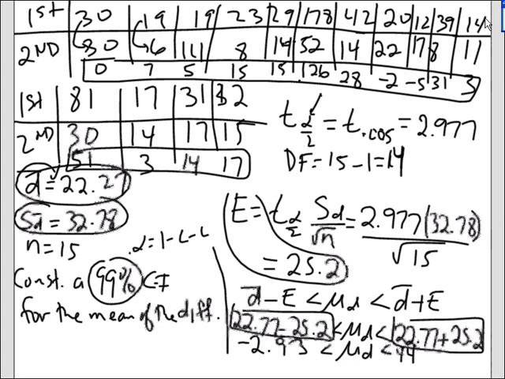If you couldn't see that, I'm sorry, but you know how to add 22.77 plus 25.2. So that's the confidence interval, and that finishes this section. Okay, good luck with it.